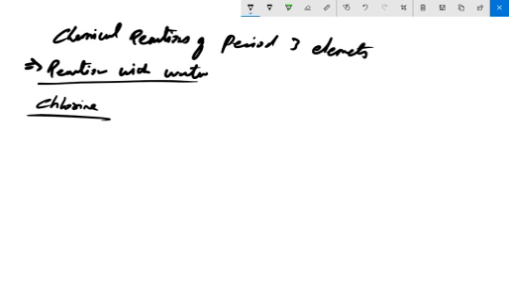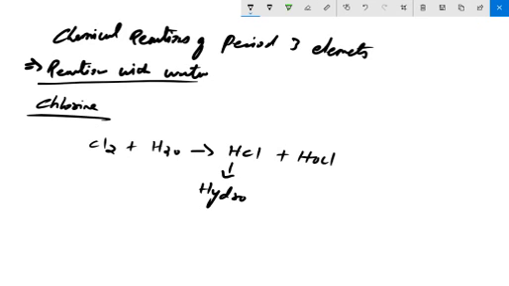The reaction is as follows: Cl2 plus H2O produces hydrochloric acid, HCl, and hypochlorous acid, HOCl. This is known as hydrochloric acid, and this is known as hypochlorous acid.